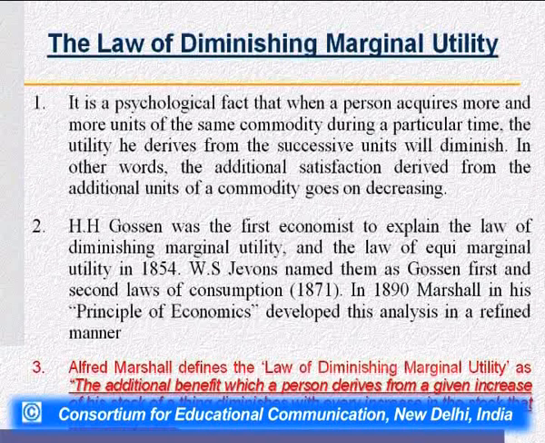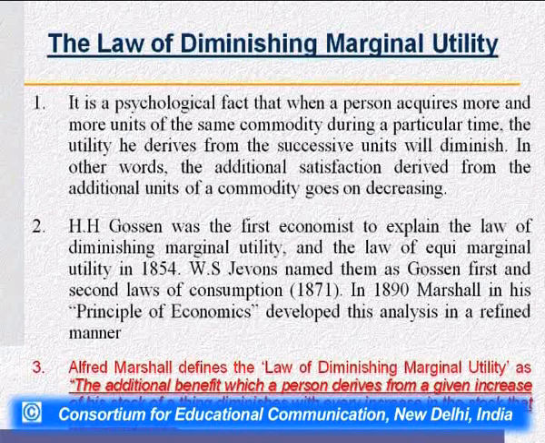H.H. Gossen was the first economist to explain the law of diminishing marginal utility and the law of equi-marginal utility in 1854, and Gossen's second law of consumption came in 1871. In 1890 Marshall, in his Principles of Economics, developed the analysis in a refined manner.